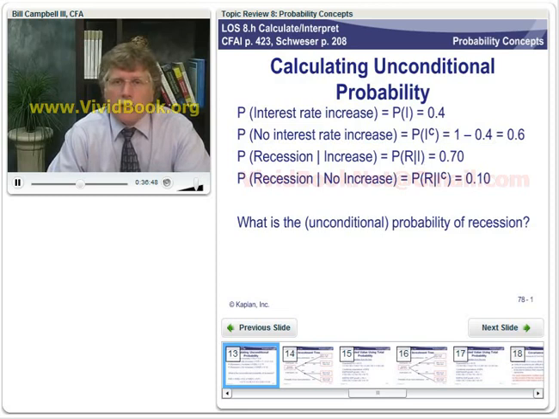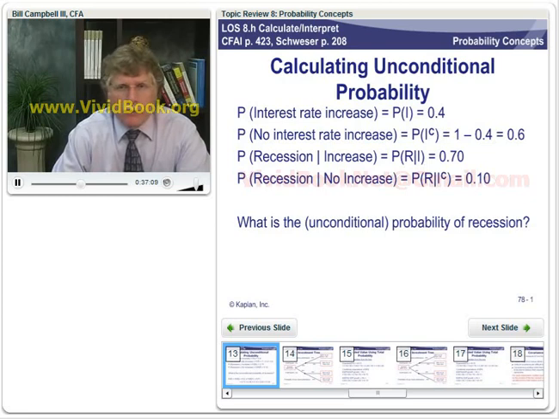Suppose we know the probability of a recession given an increase, 0.7, and the probability of a recession given no increase, 0.1. Remember from a couple of slides ago, the probability of A can be broken down into the probability of A and B plus the probability of A and B complement. That's exactly what we're going to do here.